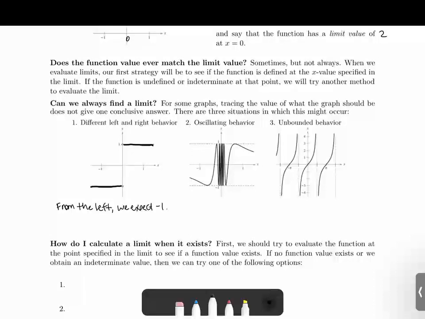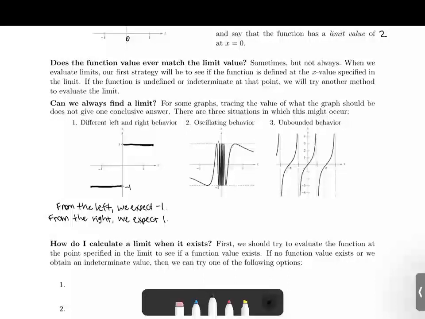Whenever we trace from the left, we're at a horizontal line at y equals -1. But from the right, we are going to expect +1, because we have that horizontal line at +1.